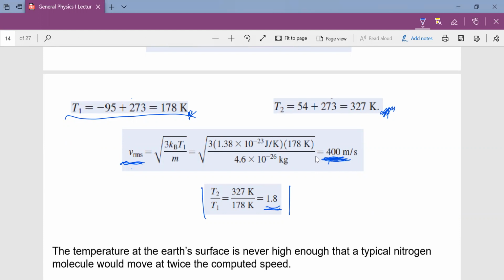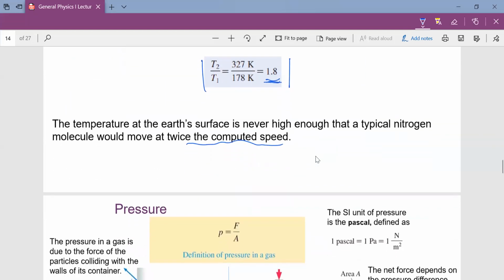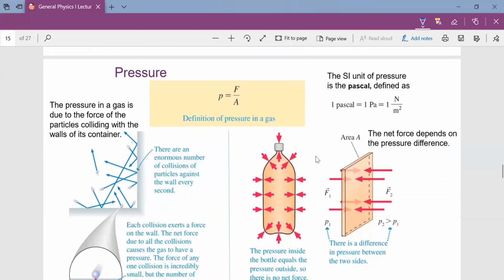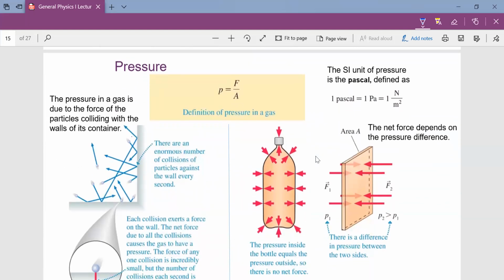So it will never get to twice the computed speed. The answer is that it cannot get hot such that the particle will move at twice the root mean square velocity. Remember, root mean square velocity is the typical velocity that one particle of a gas will have.